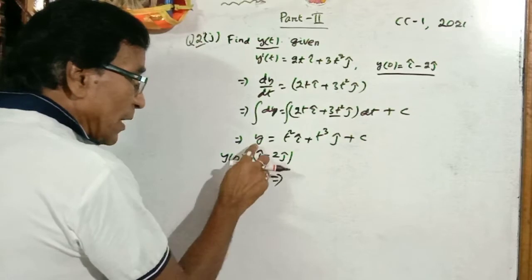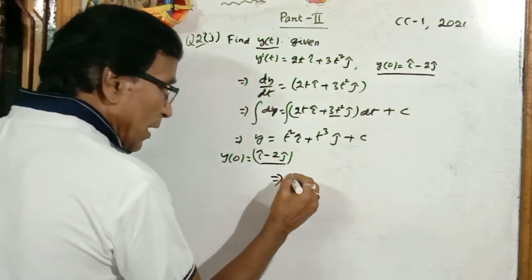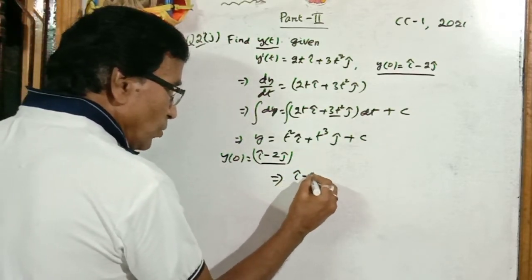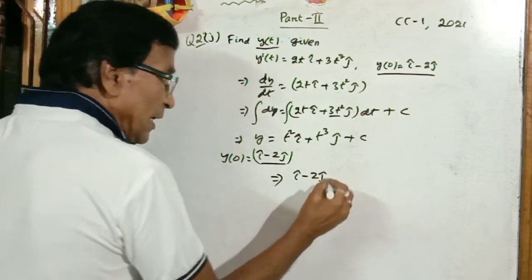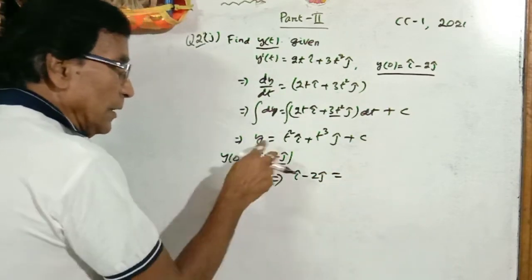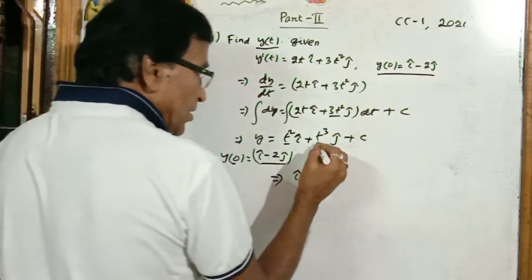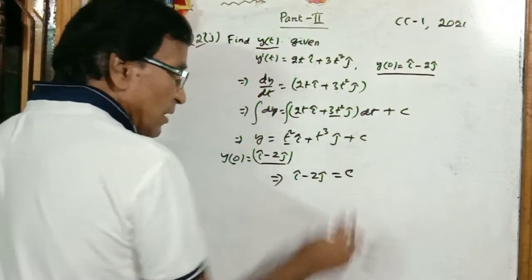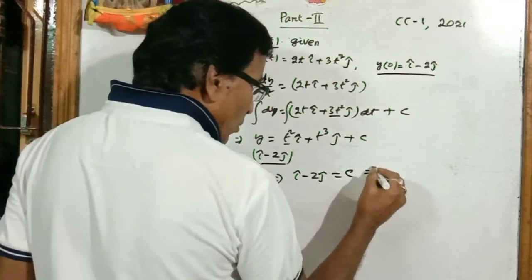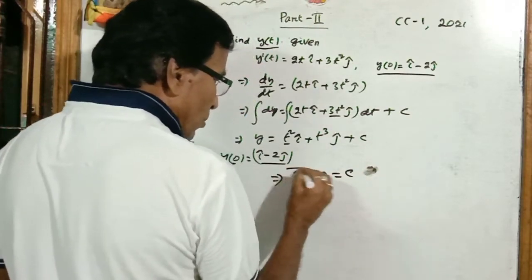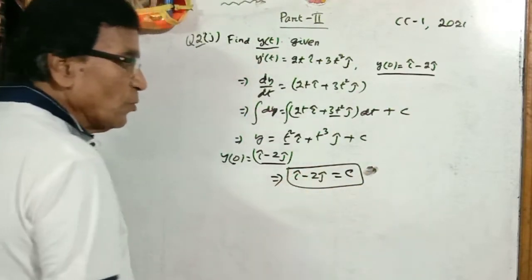So in place of y we take i cap minus 2 j cap, and in place of t we take 0, so that means it is equal to c. So c value is equal to i cap minus 2 j cap.